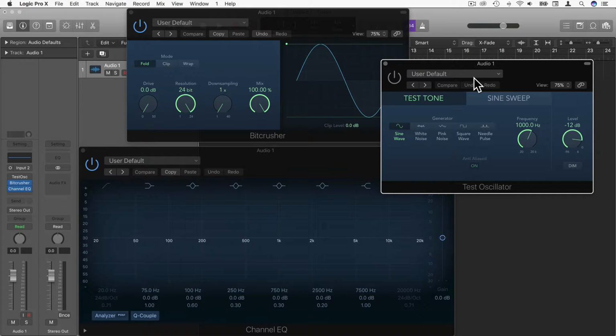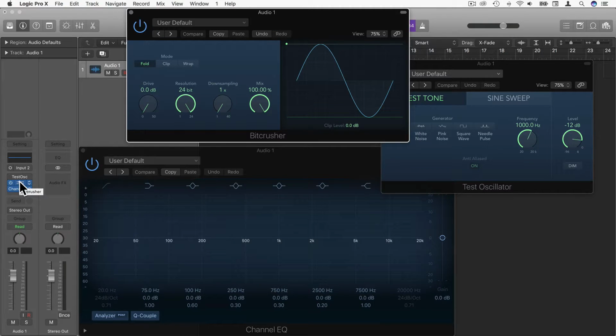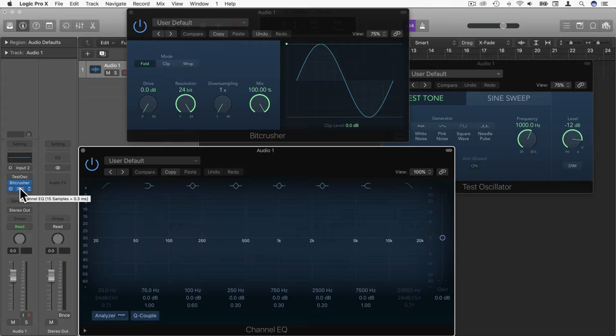However, let's demonstrate what it's like to downsample or reduce the sample rate and the distortions that may occur. What I've got set up here is a test oscillator producing a sine wave at 1000 hertz. And then I've got a bit crusher, which is this one here, and then a channel EQ just to give us some analysis of the frequency content.